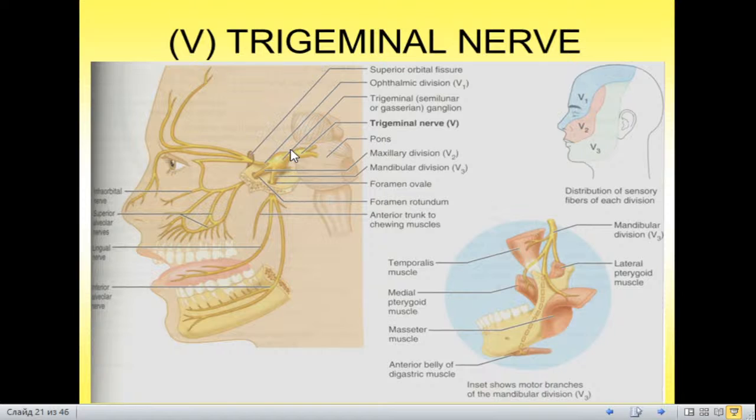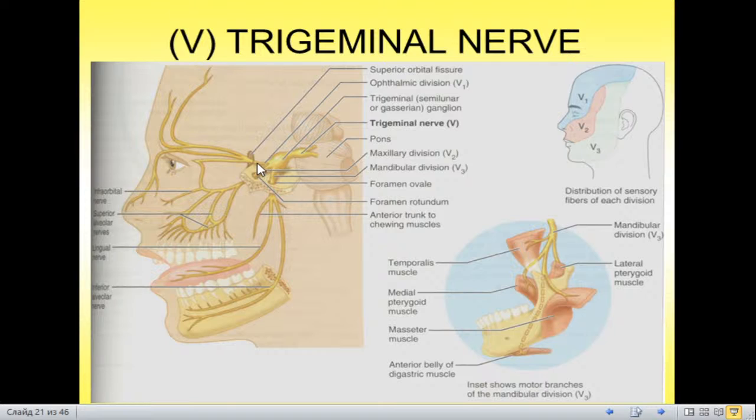And really, the trigeminal nerve has the trigeminal ganglion, or Gasserian ganglion. It is formed by pseudo-unipolar neurons, and its central processes form the major trunk of the trigeminal nerve, but peripheral processes form three branches of the trigeminal nerve.